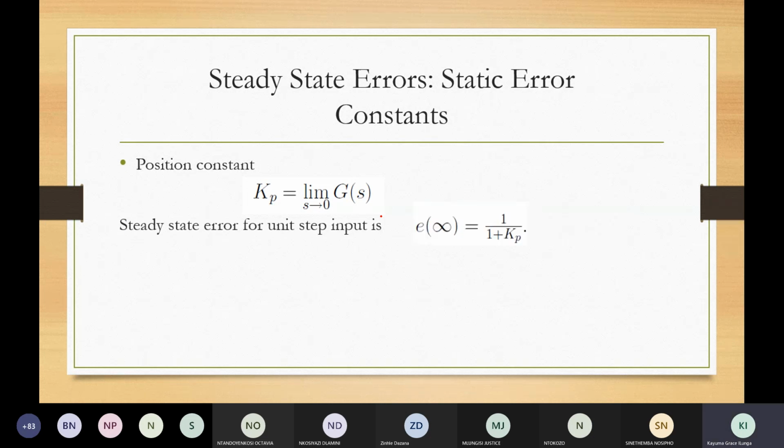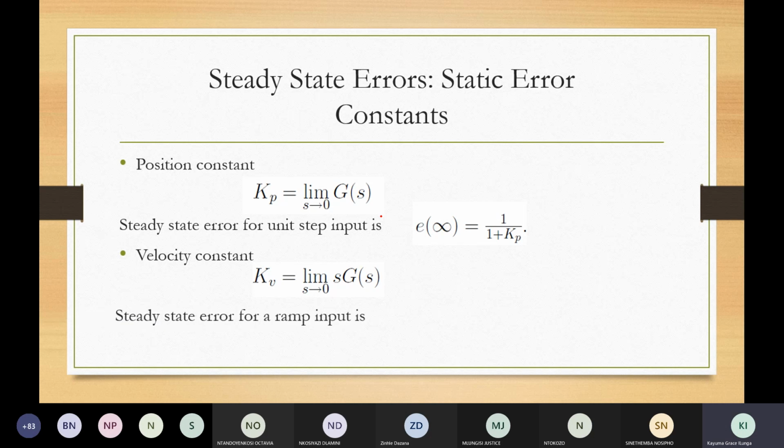So this is just repeating. When we have Kp, the steady-state error is equal to 1 over 1 plus Kp, and for the velocity constant Kv, the steady-state error is going to be equal to 1 over Kv.